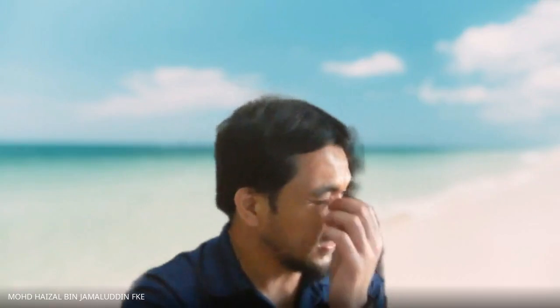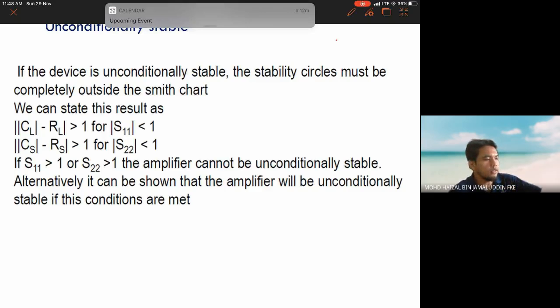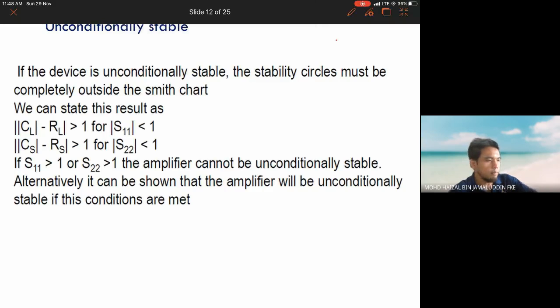We can state this result as CL minus RL more than 1 for S11 less than 1, and CS minus RS more than 1 for S22 less than 1. For the case of S11 and S22 more than 1, the amplifier cannot be unconditionally stable. Alternatively, it can be shown that the amplifier will be unconditionally stable if these conditions are met.